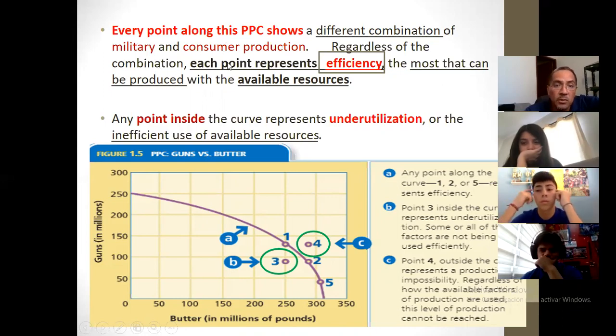Regardless of the combination, each point represents efficiency, the most that can be produced with the available resources. Any point inside the curve, any point inside this area, represents underutilization or the inefficient use of available resources.